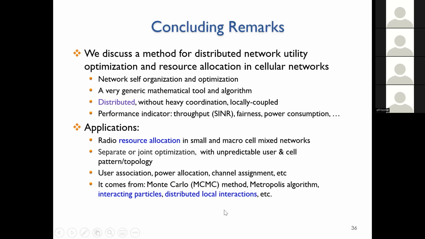You can also connect this to the MCMC method or the Metropolis algorithm, or in the larger category which people call interacting particle systems. This allows you to have spontaneous, local operation to maximize the utility function. And I will stop myself here. Sorry for overrunning my presentation.